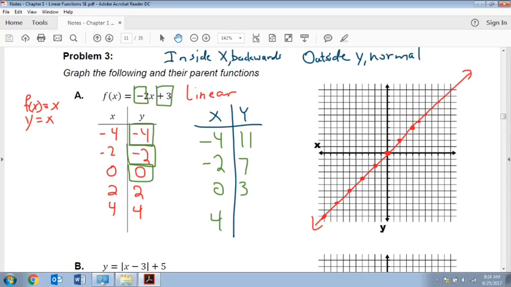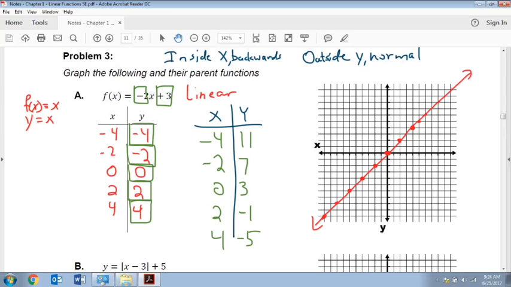Oh, I skipped one. Oops. That is a positive 2 and a positive 4. 2 times negative 2 is negative 4. Plus 3 is negative 1. And then last but not least, 4. 4 times negative 2 is negative 8. Plus 3 is negative 5.